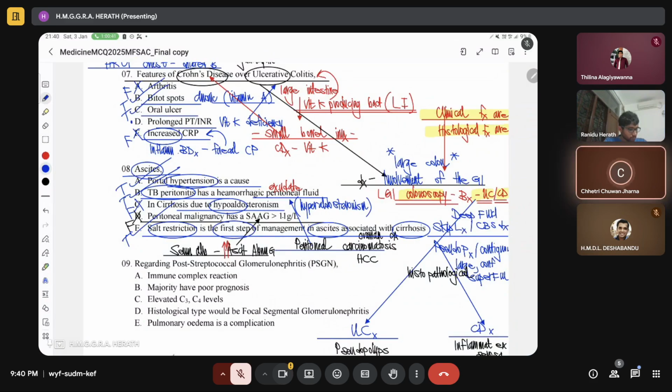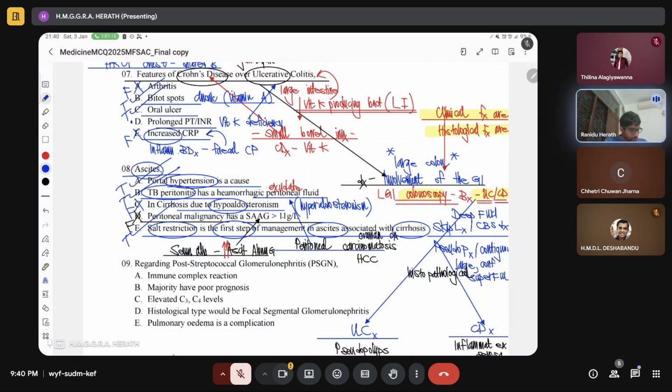First, we have to find out what is the cause for ascites and do the salt restriction, and we have to take the ascitic fluid by paracentesis to check the albumin level and give spironolactone.